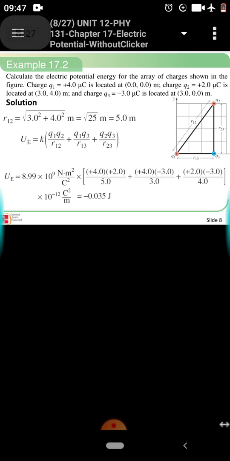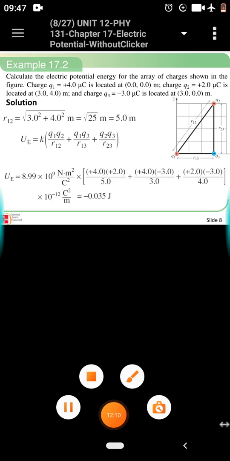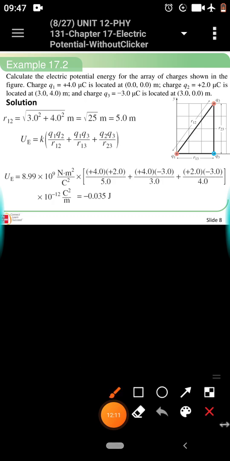So now let's go to this example. Calculate the electric potential energy for the array of charges shown in the figure. We have an array of 3 charges: charge 1 located here, charge 2 located here, and charge 3 located here.